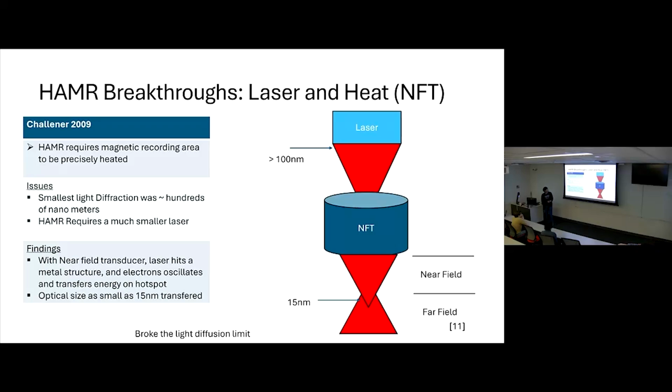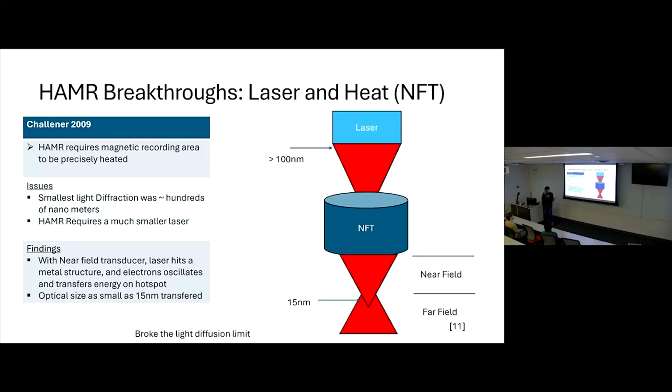Okay, so going through breakthroughs, what made HAMR possible was the invention of the near field transducer. This was made by Challener's team in 2009. At that time, the light diffraction limit was around the hundreds of nanometers, and with HAMR, with such a small area recording density, you need a very, very small diffraction optic.